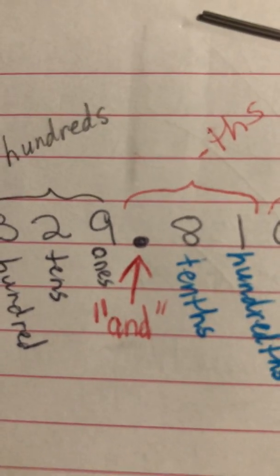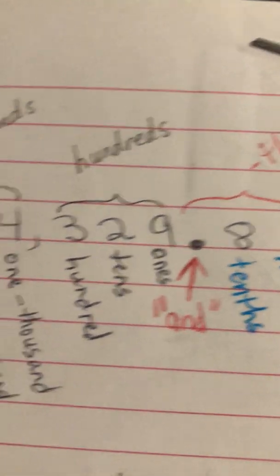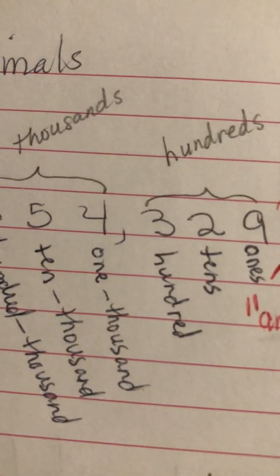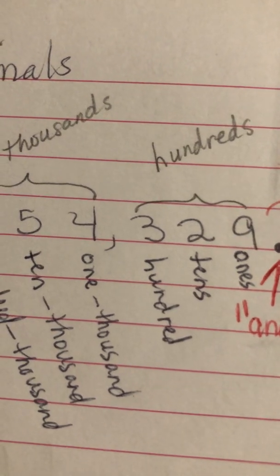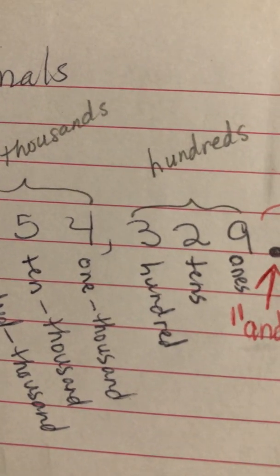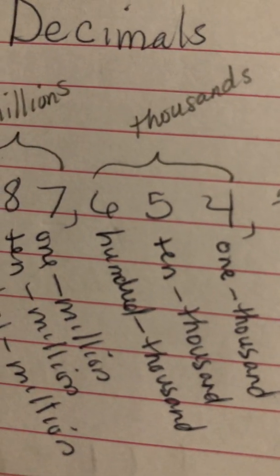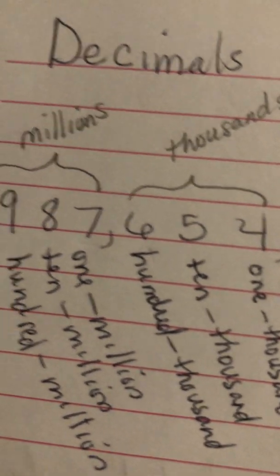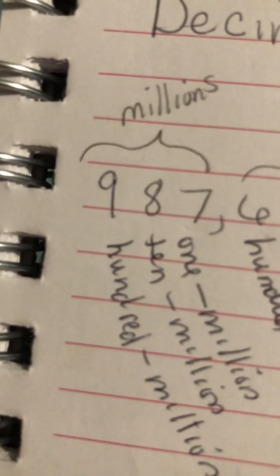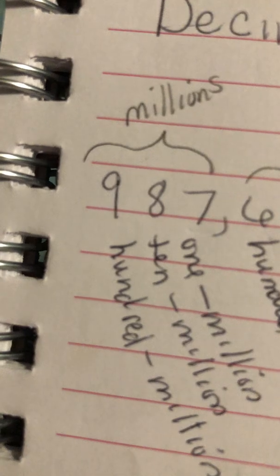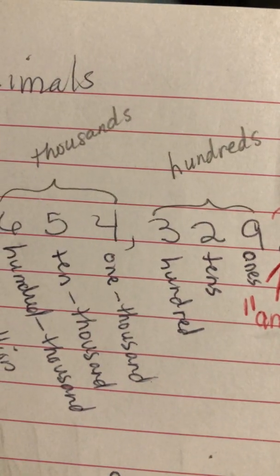So right here, the decimal is "and," but you know how the whole numbers that you're used to reading start with ones and then tens and then hundreds from the right side, and then they go 1,000, 10,000, 100,000, and then 1,000,000, 10,000,000, 100,000,000, where you have that ones, tens, and hundreds that repeat over and over again in these sets.